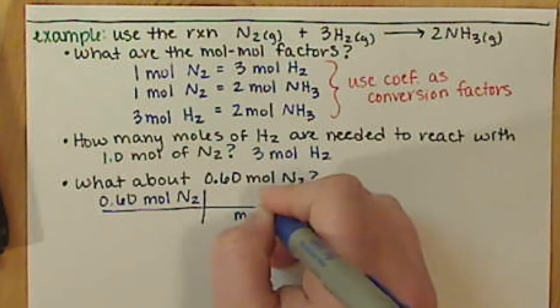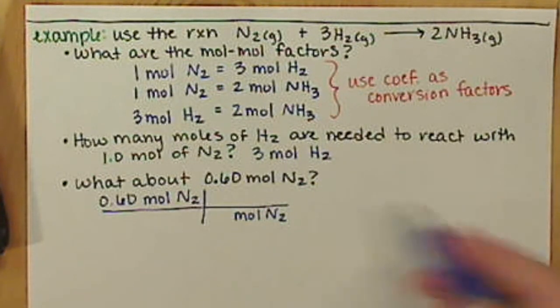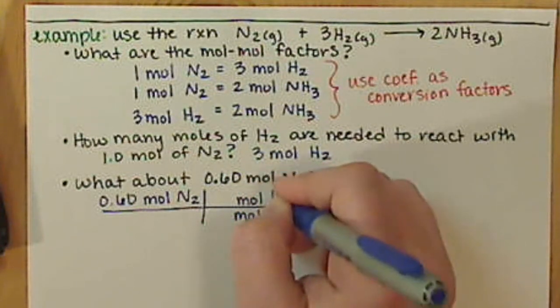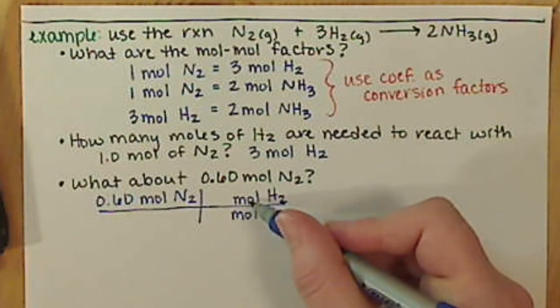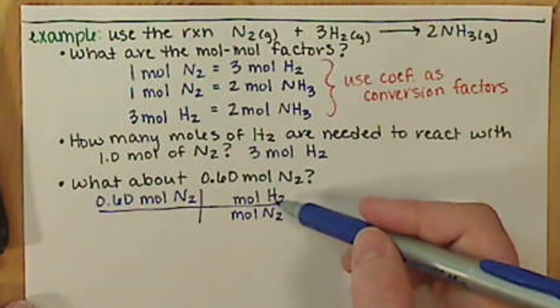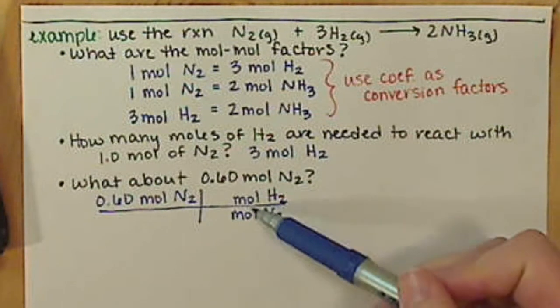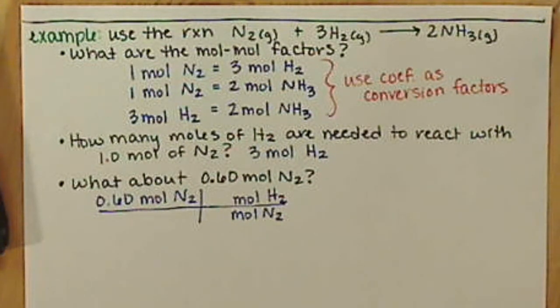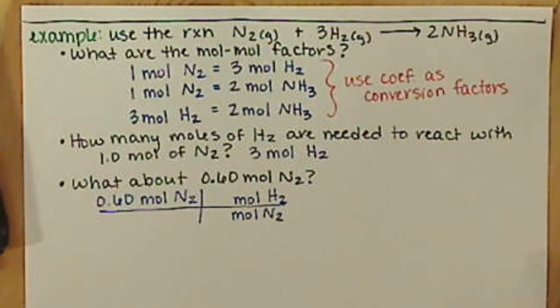So we put moles of nitrogen down in the denominator so that these units cancel, and we want to convert to moles of hydrogen. Now notice I'm using 2 units. These are both moles, so it's very important to label your moles as to what compound you are looking at. Don't leave these just as moles because then you're going to get confused. So we're always going to have moles of something, moles of something. Same when you put grams: you want grams of something, atoms of something. Always have those 2 components there.